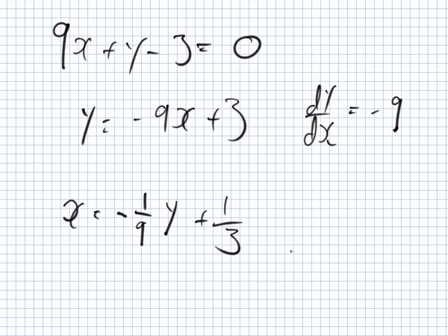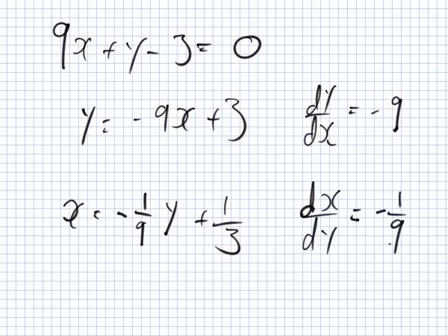So in this case, the x is the function and the y is the variable. So when you differentiate, you pretend like the y is the x and vice versa. So here you would say dx dy would equal minus 1 over 9.